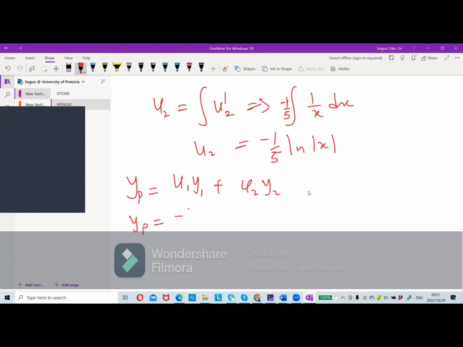Minus 1 all over 25 x to the power minus 5, multiplied by y1, which is x raised to power 4, plus minus 1 all over 5 ln x multiplied by 1 all over x. So if you resolve it, you agree with me that this one will go with this, remain 1 over x.